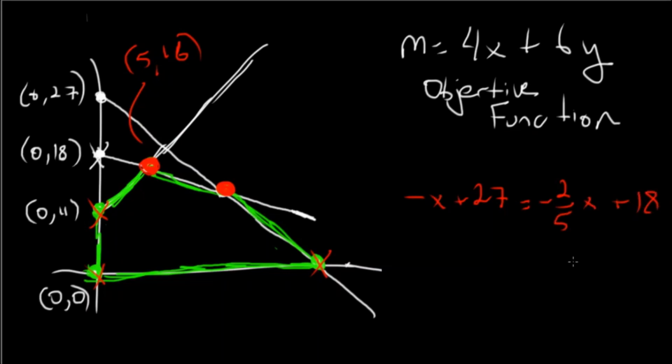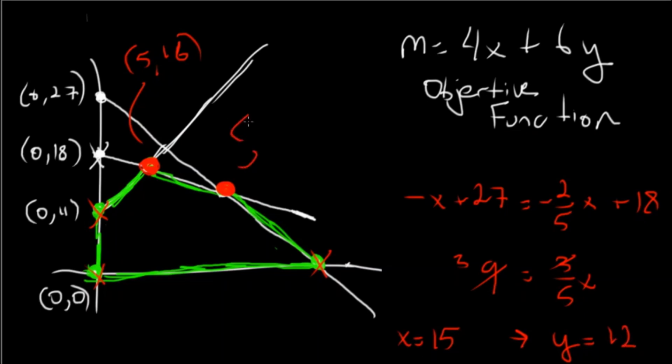This time I'm going to add x, so that's going to become 5x plus negative 2x. That's 3/5 x. Subtract 18, that's going to be 9. Get rid of the 3, so this becomes a 3 multiplied by x. x equals 15. And because of that, y is equal to 27 minus 15, which is 12. So this coordinate right here is 15, 12.